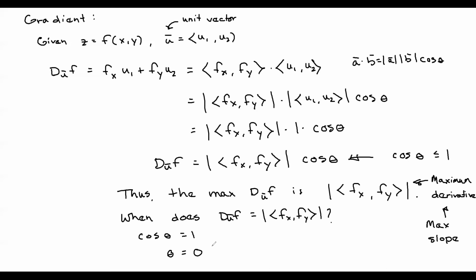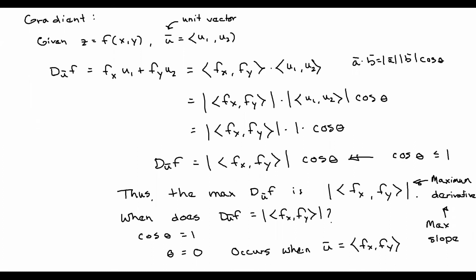Theta is the angle between the unit vector, the direction vector, and this vector. So what that's saying is that this maximum value that we just got occurs when u equals this vector.